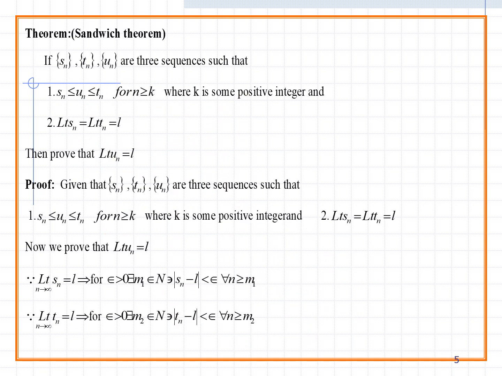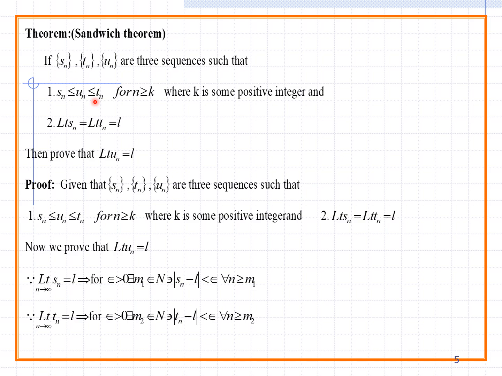Let us see the sandwich theorem. Compulsorily, you need three sequences. Let us see the statement. If Sn, Tn, Un are three sequences such that, the first condition, Sn is less than or equal to Un, which is less than or equal to Tn.